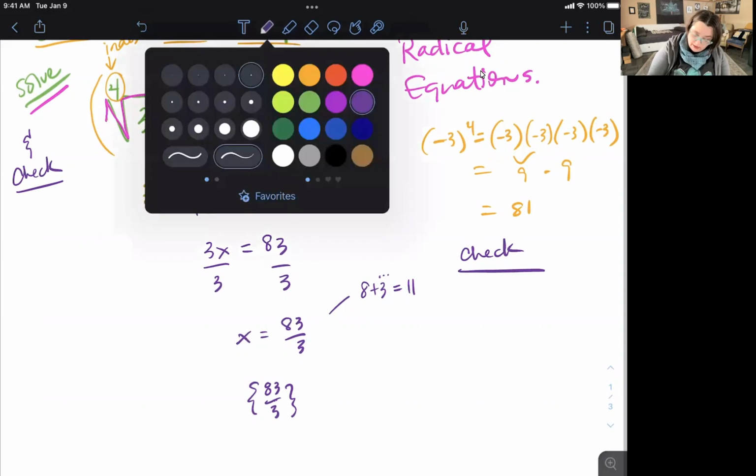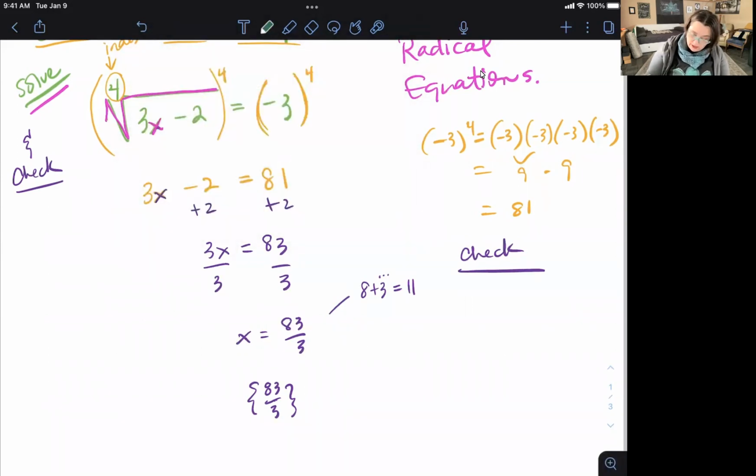So when we do the check, it's going to look like this. I'm going to take the fourth root of 3 times 83 thirds minus 2. And we're going to set that equal to, or we might just draw a line in the middle so we don't assume that they're going to be equal, but that might be equal to negative 3.